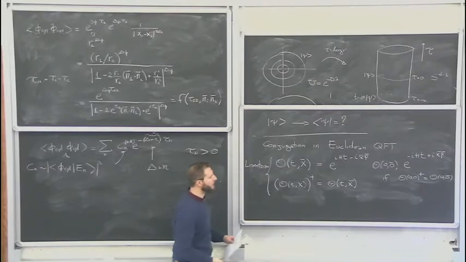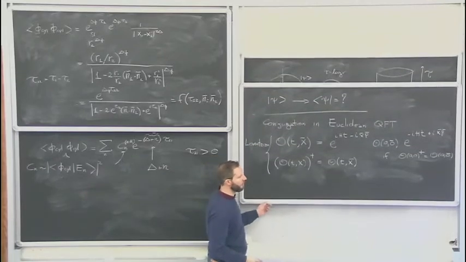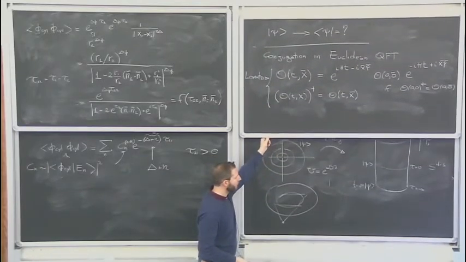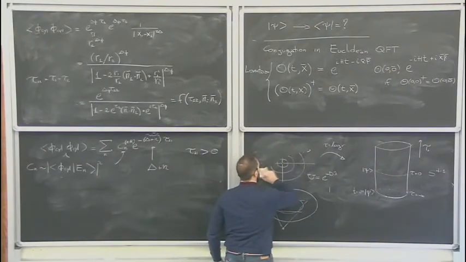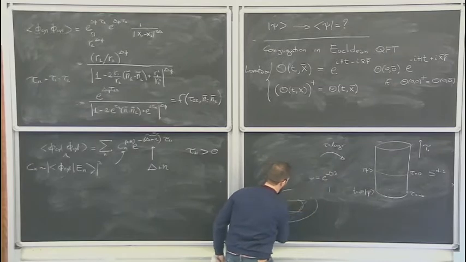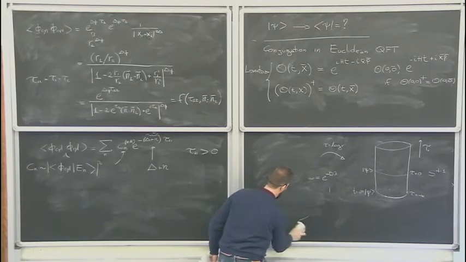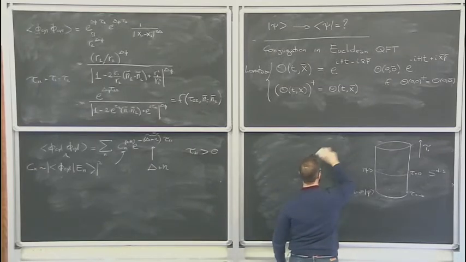Let's see what happens when you switch to Euclidean CFT. When you switch to Euclidean CFT, what we are doing is performing a Wick rotation. So we send time to minus i time or plus i time.